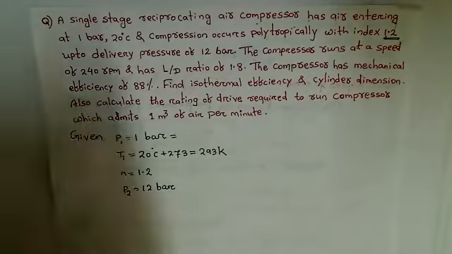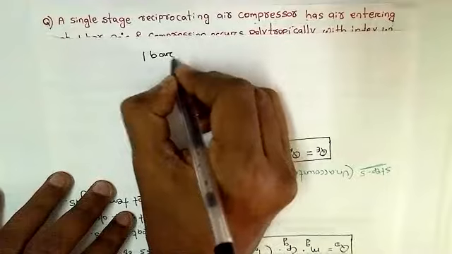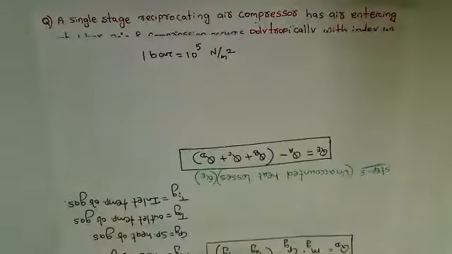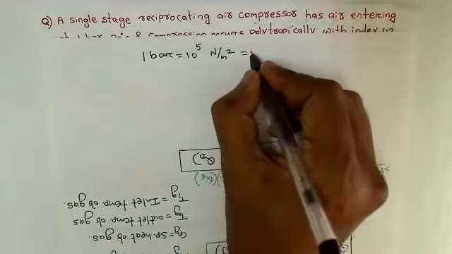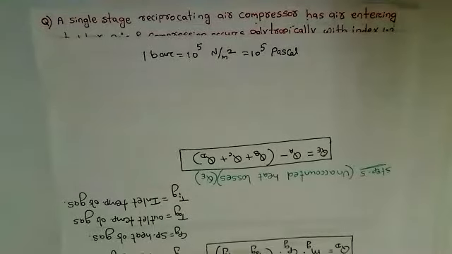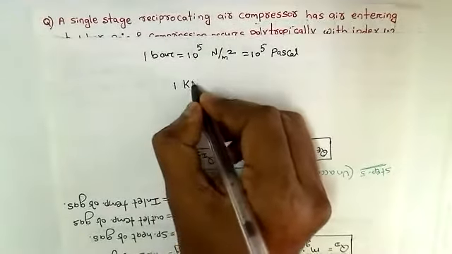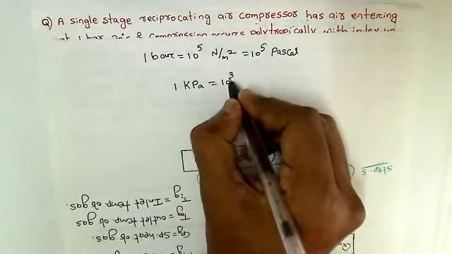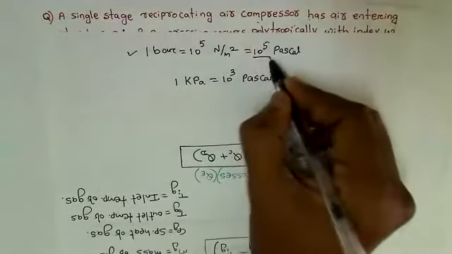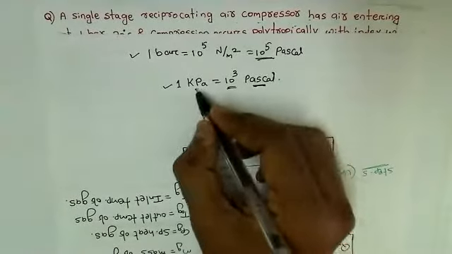If somebody doesn't know this, let me tell you. 1 bar is equal to 10 to the power 5 Newton per meter square. 1 Newton per meter square is 1 Pascal. And 1 kilopascal equals 10 to the power 3 Pascal. So 1 bar is 10 to the power 5 Pascal, and 1 kilopascal is 10 to the power 3 Pascal. Kilo means 10 to the power 3.